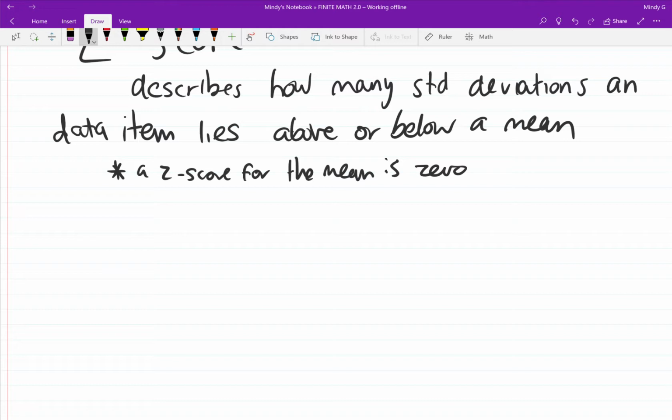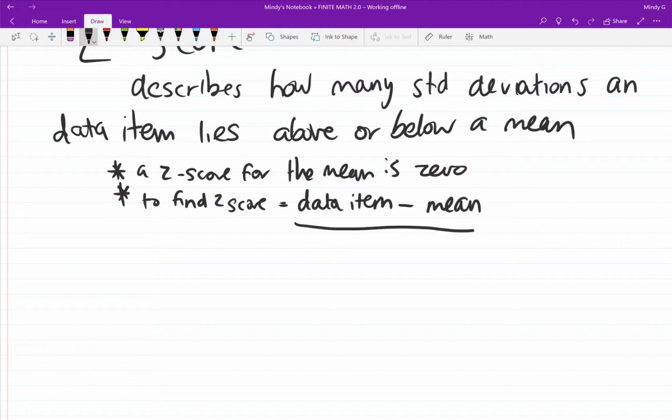And to find the z-score, it equals the data item minus the mean, divided by the standard deviation. If you are above the mean, your z-score will be positive. If you are below the mean, your z-score will be negative.